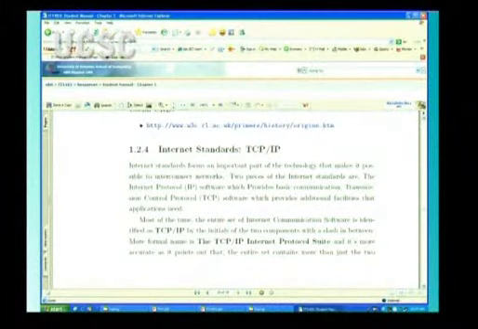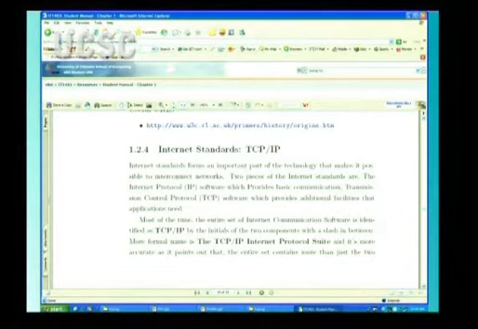Let's look at the manual, page 10 of the student manual. Under chapter 1, under subtopic Internet Standards TCP/IP.